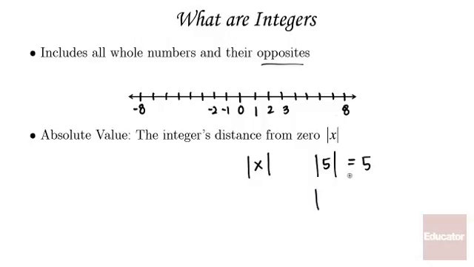If I ask you what the absolute value of negative 5 is, negative 5 is right here, 5 units away from 0, so this is also 5. It's just asking how far is it from 0, and that's absolute value. Whenever you have an absolute value of a number, you're just taking the positive of it.